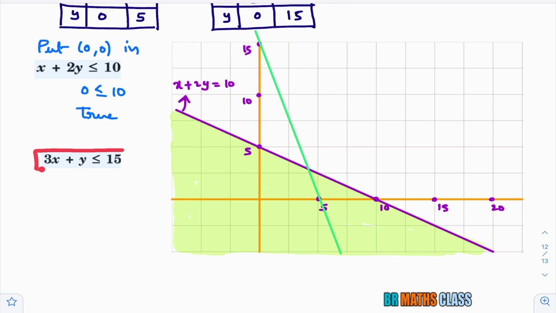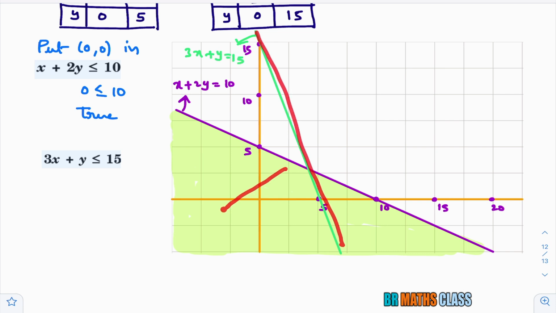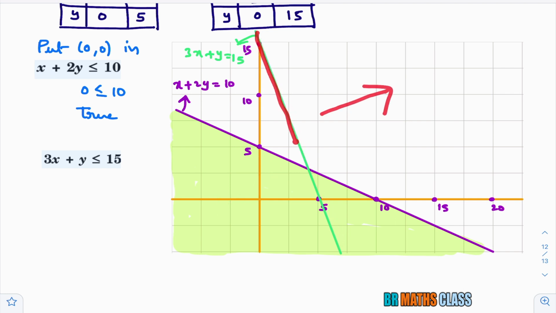We are graphing this inequality. To graph this inequality, we drew the line 3x plus y equal to 15. For this line, origin side, non-origin side are present. This is the origin side. This is the non-origin side for this line.